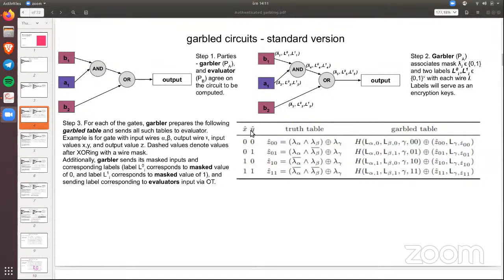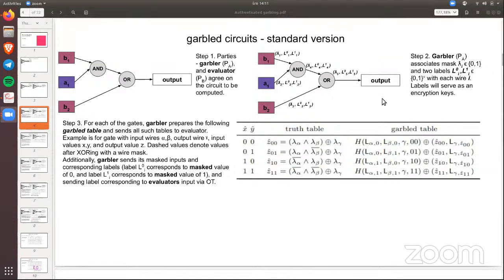So if the evaluator is somewhere in the middle of the evaluation and knows the appropriate masked values for two wires and their corresponding labels, he is able to compute the hash, hence decrypt this row in the garbled table, and recover z'_{0,1} and the corresponding L. So what's z'_{0,1}?